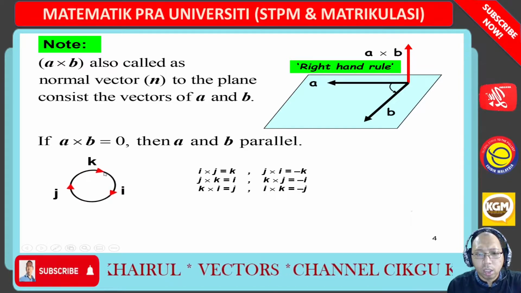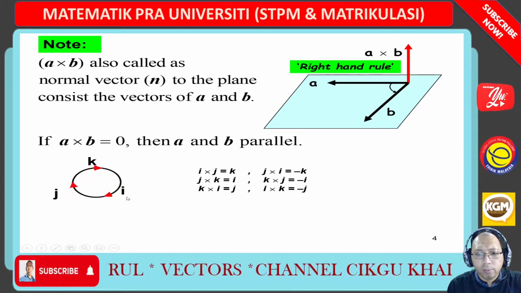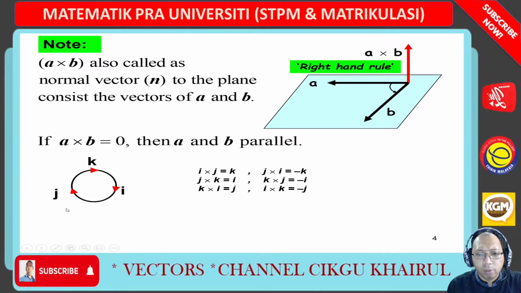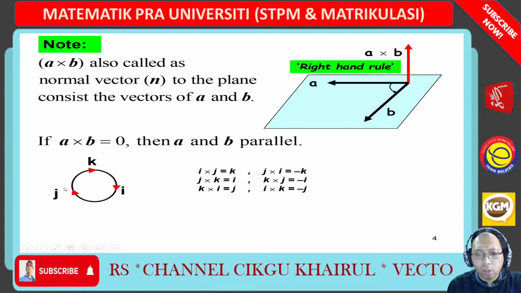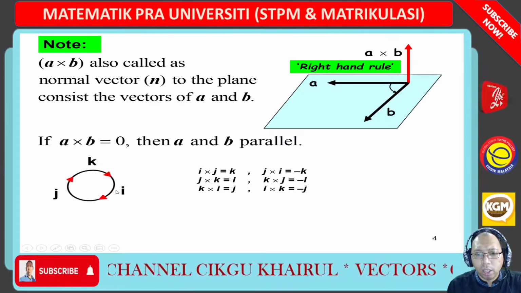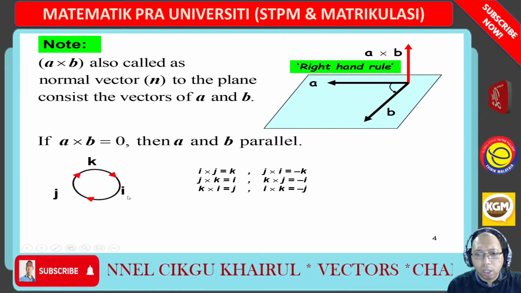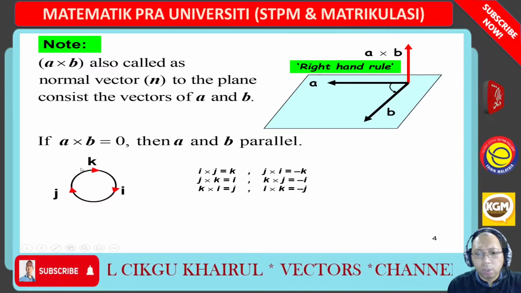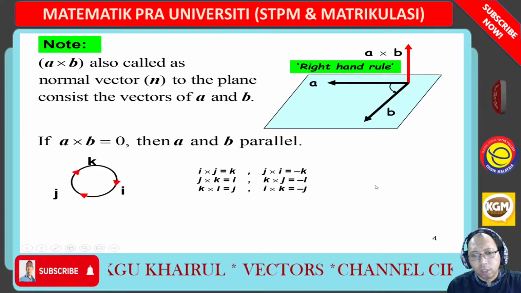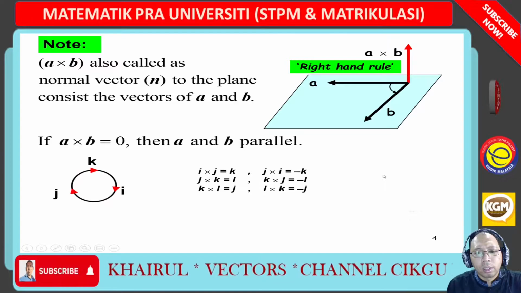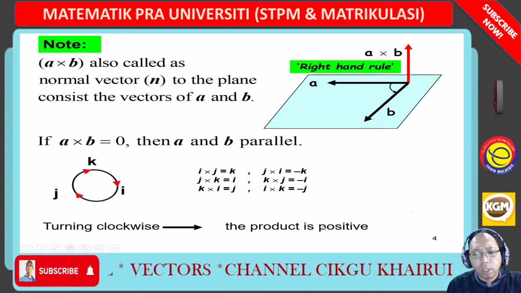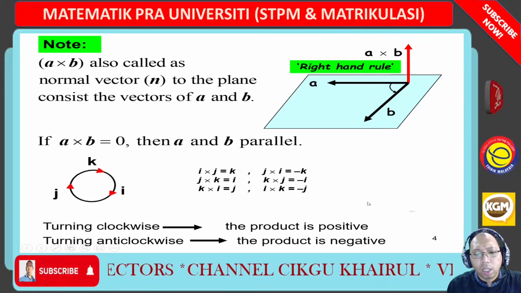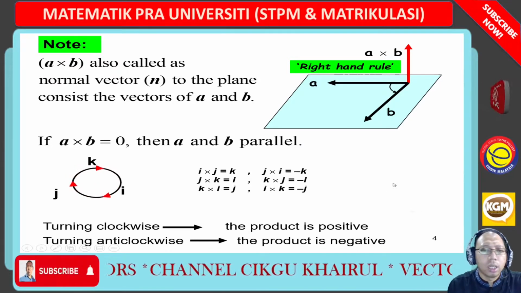If anti-clockwise, okay, you get negative. Example, j cross i, you get negative k, k cross j, we get negative i, i cross k, we get negative j. Okay, turning clockwise, the product is positive. Turning anti-clockwise, the product is negative.